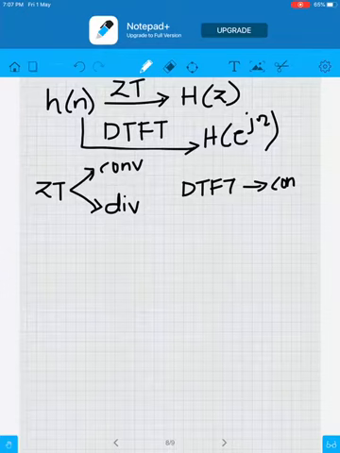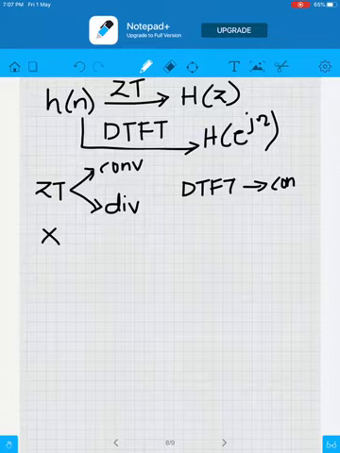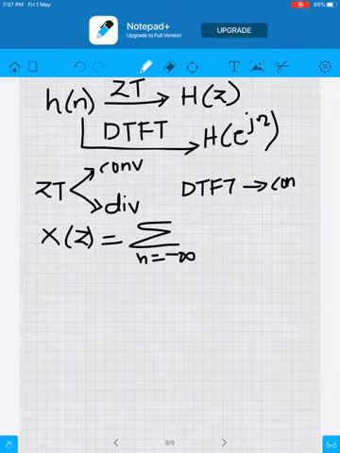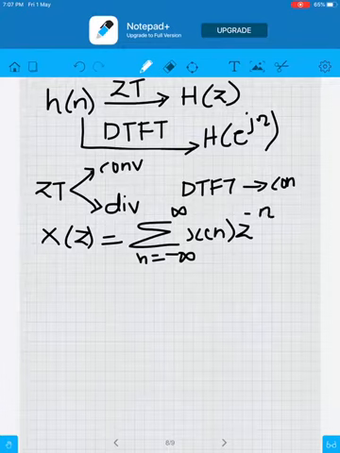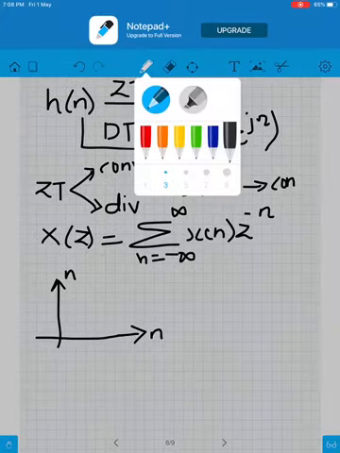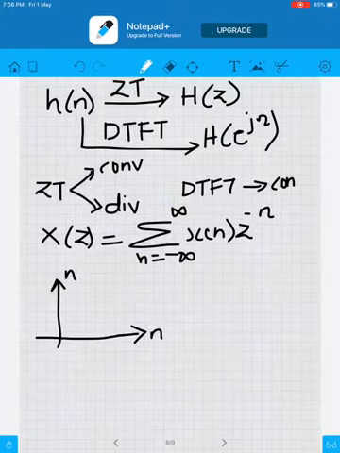Why is z transform so special? If you look at the definition, X of z is equal to summation n is equal to minus infinity to plus infinity x of n into z power minus n. Now suppose I consider a discrete time sequence x of n, and it is exponentially growing.